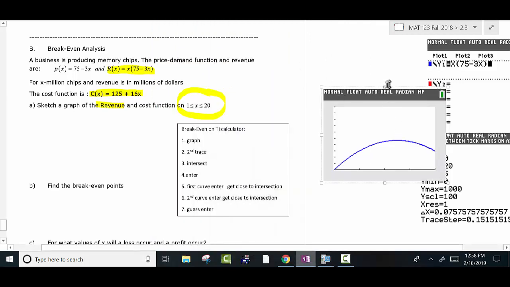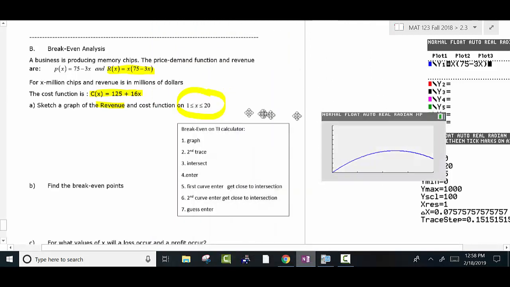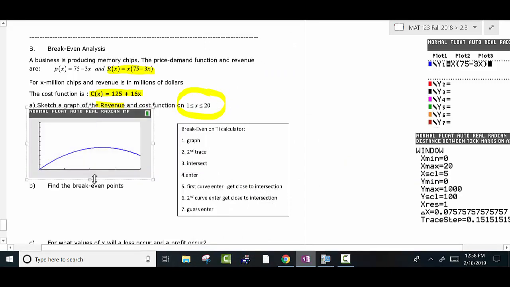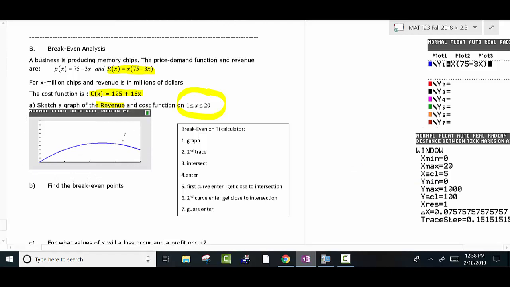Okay, so you just put the function in, get your window set up, and then we'll just kind of sketch a graph. So on this problem, all you need to do is just label the x-axis 5, 10, 15, 20. That's how we did the x-axis. And this one is memory chips. So we would have to say x memory chips.